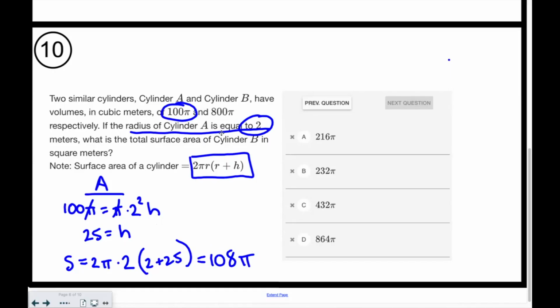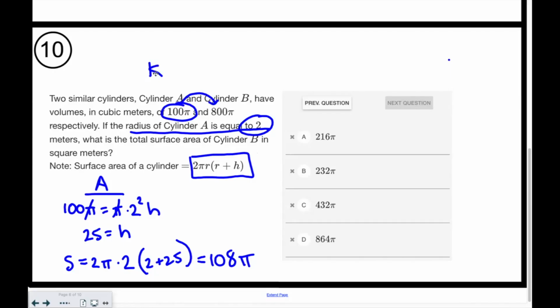Then what I'm going to use is this idea of scale factors. Scale factor is just what each dimension is multiplied by from one cylinder to the other, or in general one figure to the other. Right now, I know the volume is being multiplied by 8.